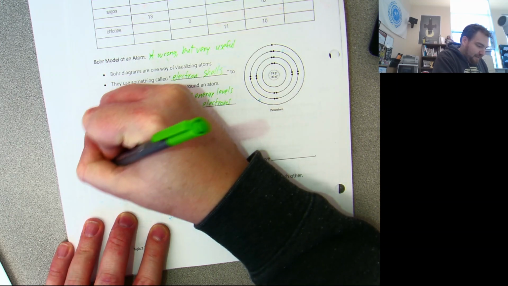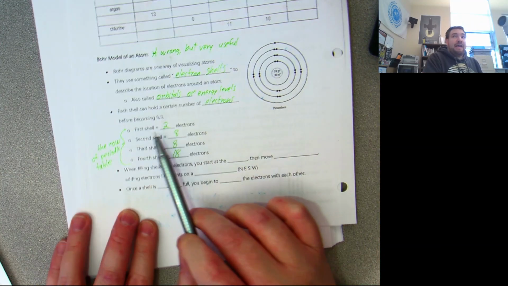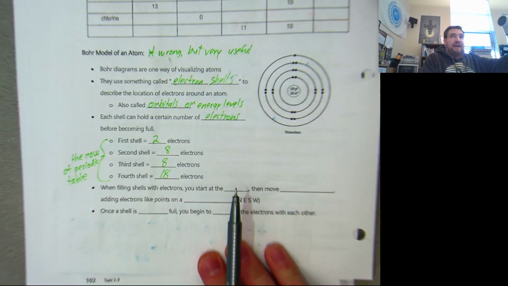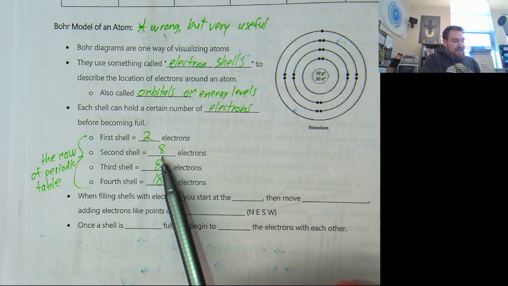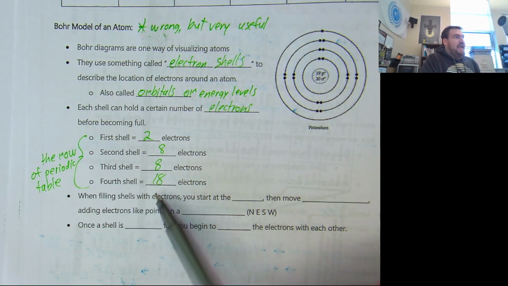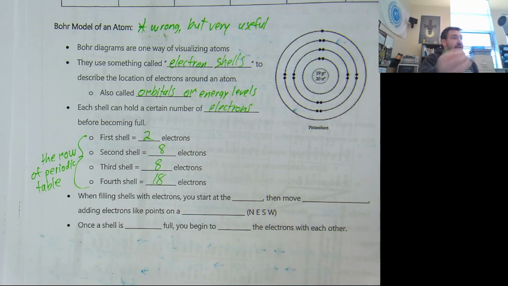First row has 2 elements on it, second one has 8, the third one has 8, the fourth one has 18. However many elements are in that row is how many electrons that shell can hold.